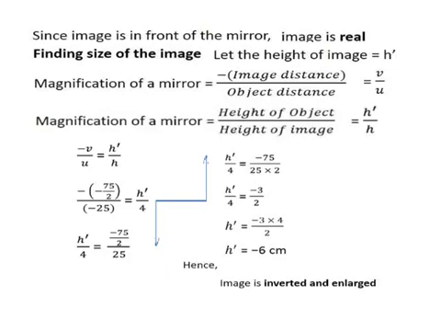So let us equate both these. Minus v by u is equal to Hi by Ho. So substitute the values. You will get the value of the height of the image as minus 6 centimeter. And when you compare the height of the object with the height of the image, you will find that it is an enlarged or magnified image.